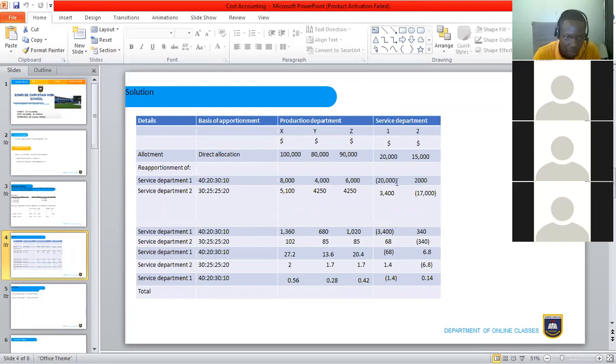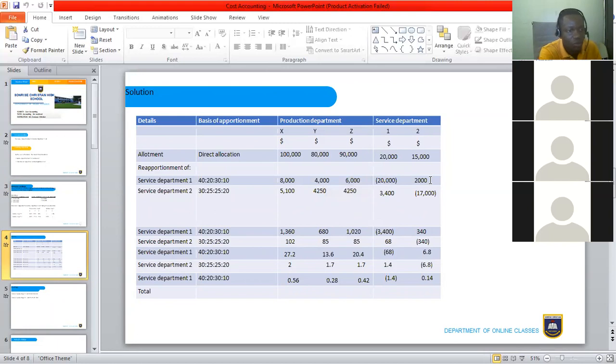Sir, yes, sir, 2,000. So from the solution, you can see 2,000 here. So we are done apportioning service department 1 cost, which is the 20,000.